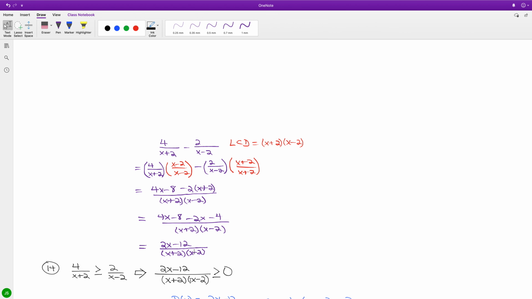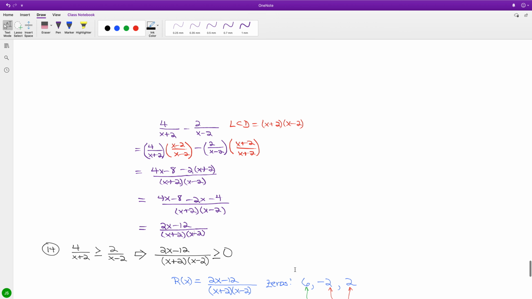So we have our original inequality written in terms of comparison to 0: 2x minus 12 all over the product of x plus 2 and x minus 2. For the consolidated ratio, if I set the numerator to 0, the x value will be 6. For the denominator factors, for x plus 2, x is equal to -2. For x minus 2, x is equal to 2.